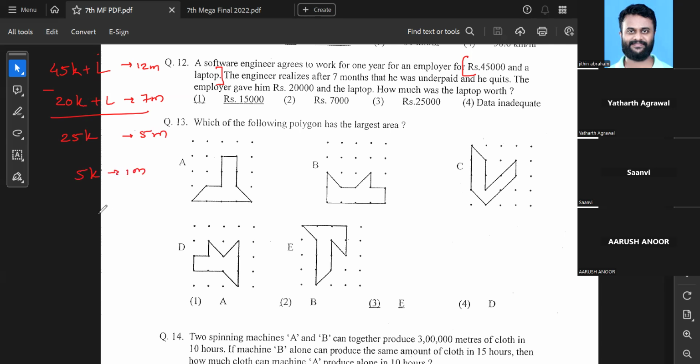So for 7 months, the salary should be 5 multiplied by 7, that is 35K. He's supposed to get 35K in money only, not speaking about the laptop, because the laptop is already part of this payment. But instead of giving him 35,000 in money, the employer gave him 20,000 and the laptop, which means the laptop's worth is 15,000.